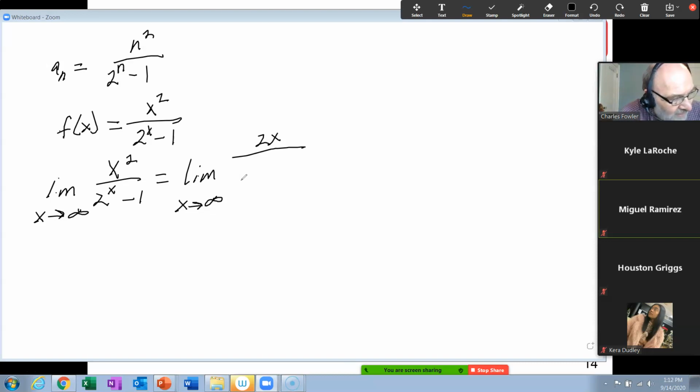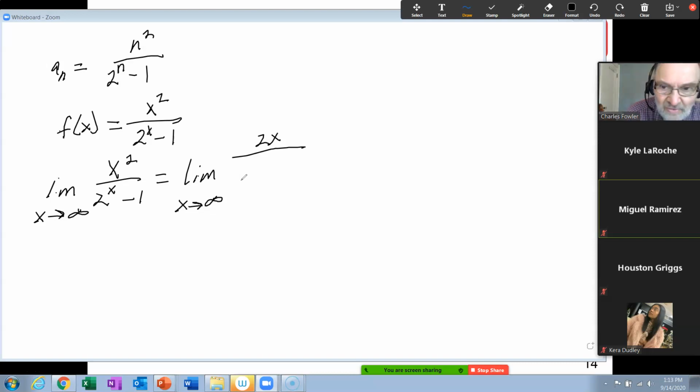Okay, and what we have here is the derivative of 2 to the x. And let's see if we can find that. That would be a to the u. Okay, 2 to the x.